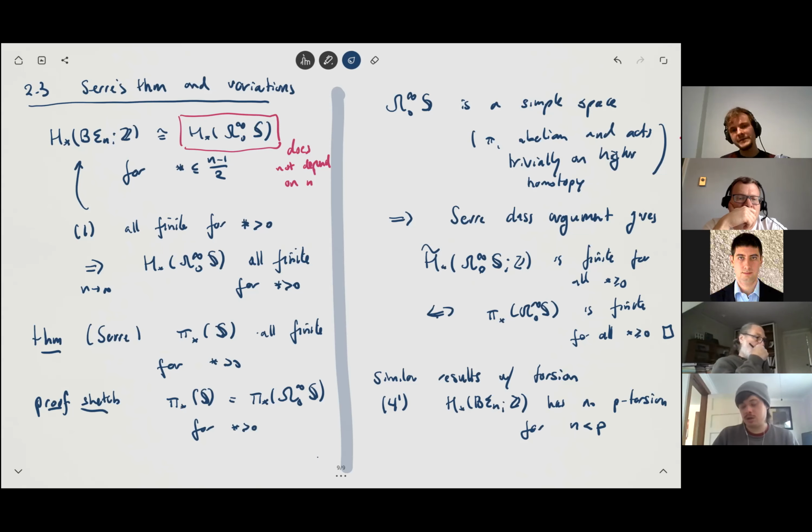Right, otherwise the p-torsion is the same as the p-torsion of the previous group, and you can keep going back all the way until you're at sigma 1 or sigma 0. Okay, so the same is true for the stable homology, as long as we restrict to low degrees.